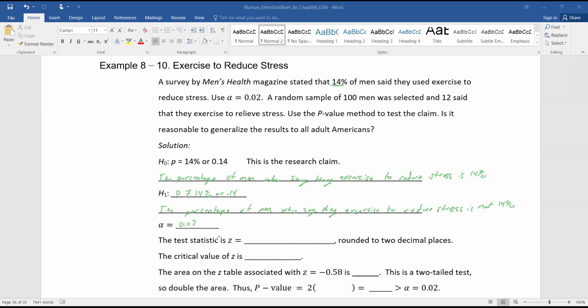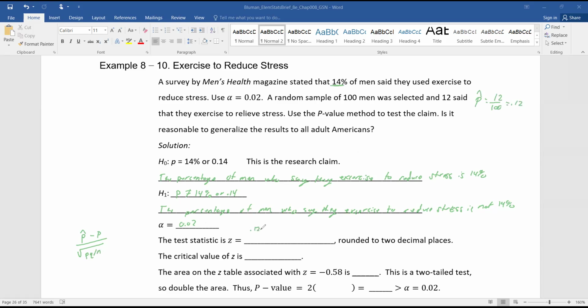The test statistic then would be, again, I'm just going to write the equation so that we still have it. There you go. So in this case, for the test statistic Z, my P hat was 12 out of 100, which is actually 0.12, easy math there.